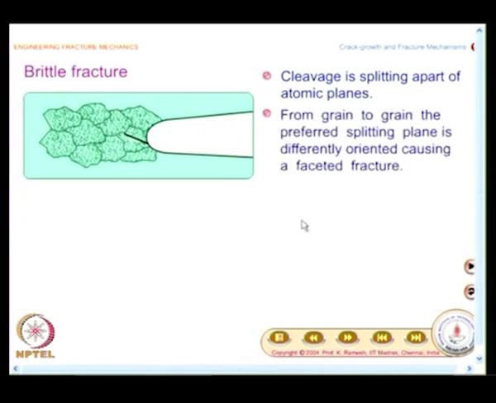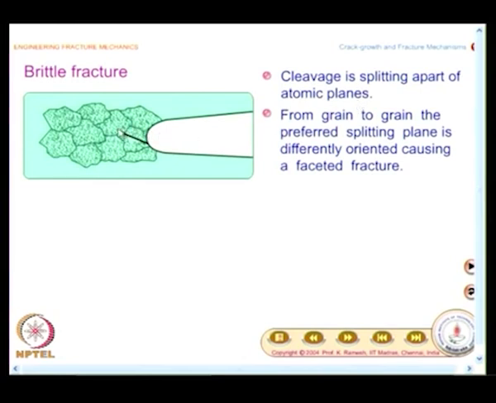So, what you find is in the case of cleavage, it is splitting apart of atomic planes, and here again you have a magnified picture of the grains near the crack tip. You will have to understand that this is a very highly magnified picture, and what is shown as a black line here is splitting apart of atomic planes.